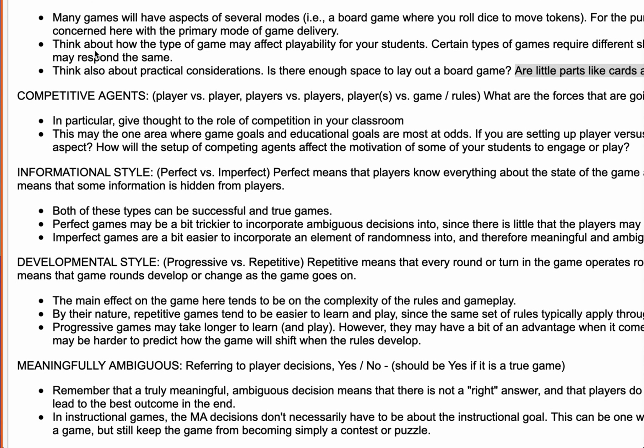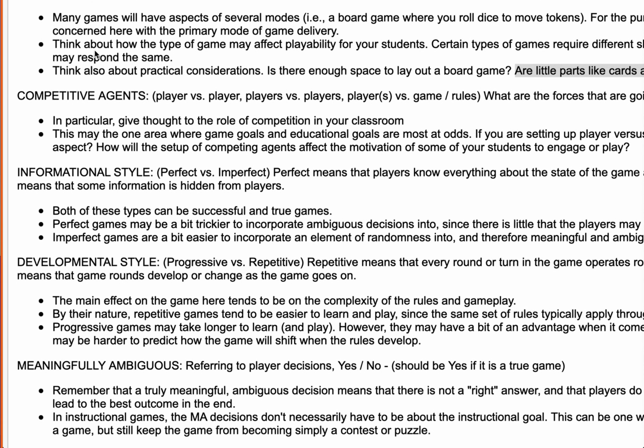The only potentially hidden thing is just what each of the players is thinking in their minds about their next moves. But that's just strategy. That's not the condition of the game. So that would be considered a perfect style game, perfect informational style. Everybody knows everything all the time.